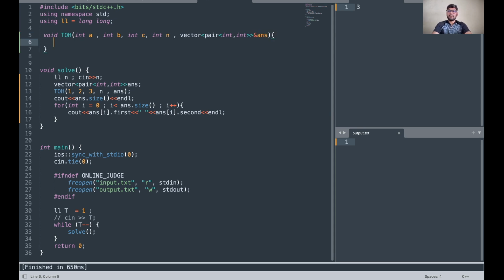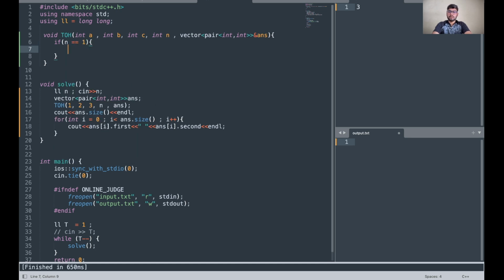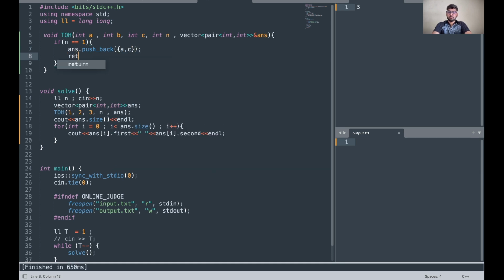Now first of all I am writing my base case, that is if n is equal to 1, then I just have to push, answer dot push back. What I have to push? A to C, and return from there.